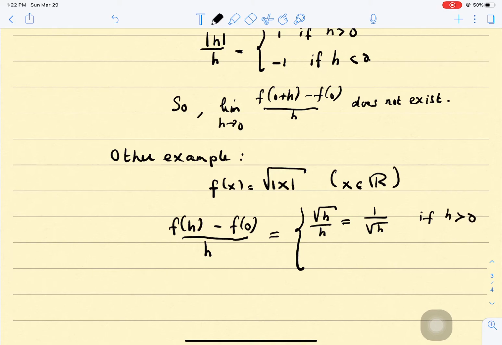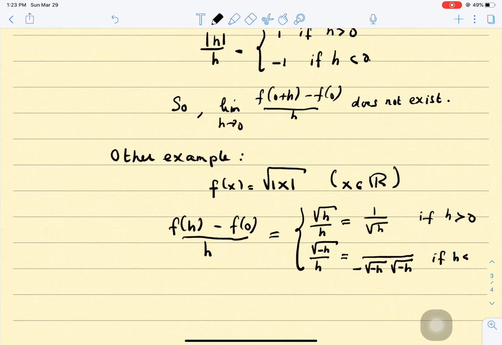And it's equal to the square root of negative h, because that absolute value of minus h is equal to negative h if h is negative. And I have to divide that also by h, and that is the same as, well, that denominator, if h is negative, I can write that as minus the square root of minus h times the square root of minus h.